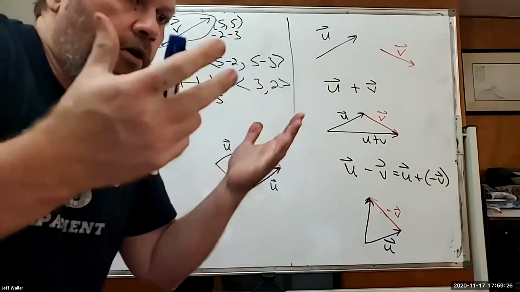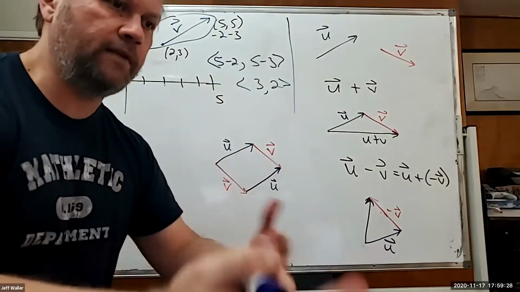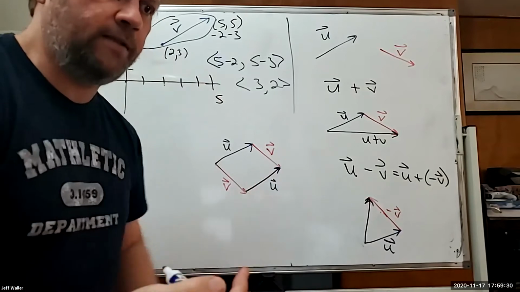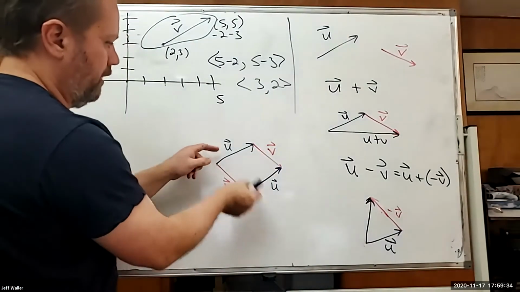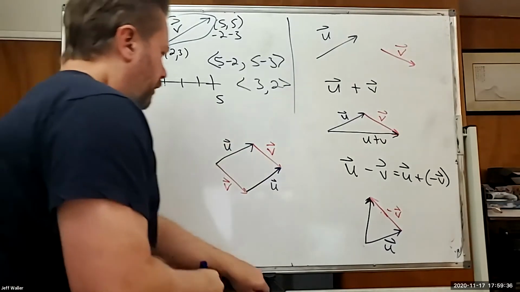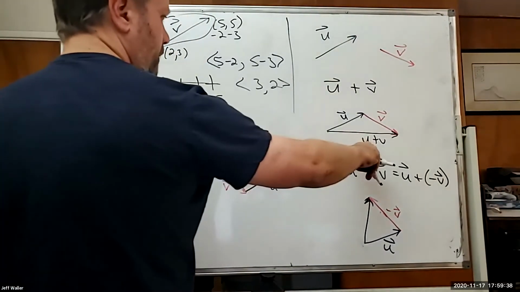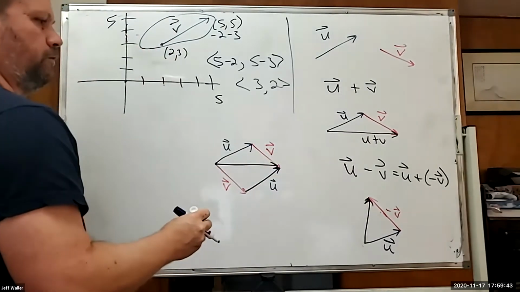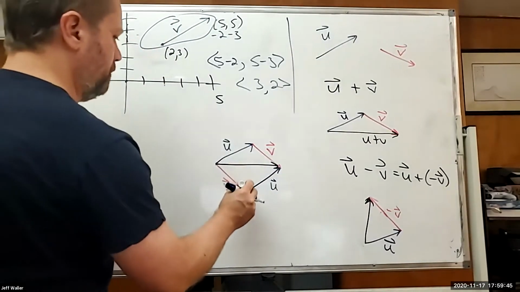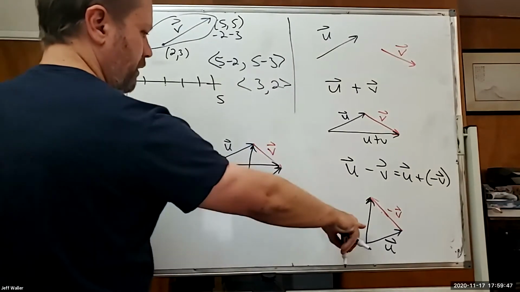In a single problem, I can't give the same name to two different entities. So these are the same vector, just displaced. Here is U plus V, same answer we got here, right? And here is U minus V. Same answer we got there.